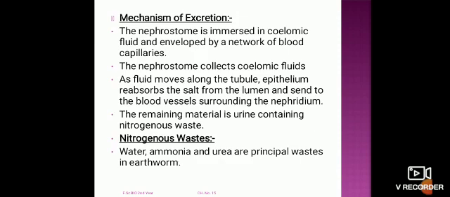The blood capillaries reabsorb water as well as salt, and the remaining material is the urine containing nitrogenous wastes, which include a small amount of water, ammonia, and urea. So these are excreted out from the body.